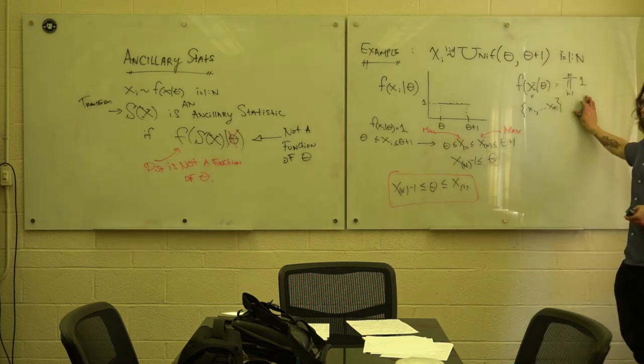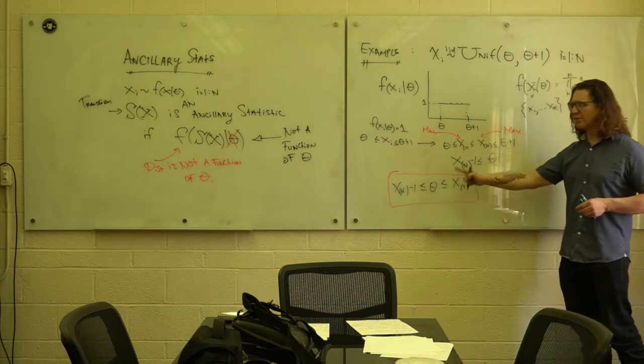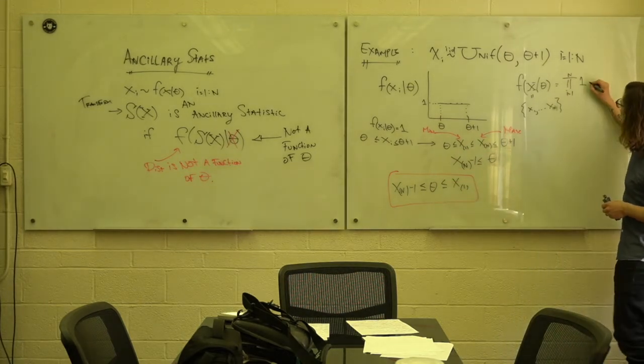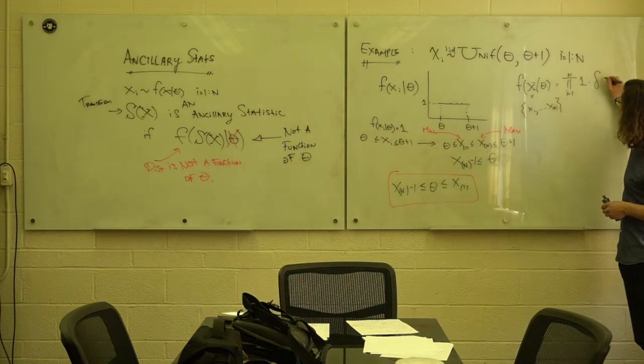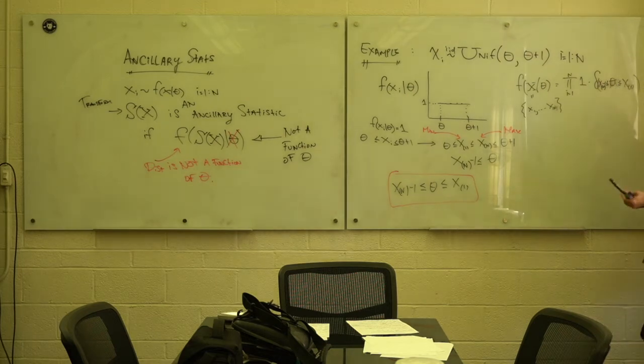And this would be wrong if I wrote this down right here. I'd need to have this constraint built into everything. And so what I'm going to do is indicate that with a delta function. So I'm going to say theta is between the min, oops, wrong way. Theta is bounded by the max minus 1, bounded by the minimum. So this is just an indicator function.